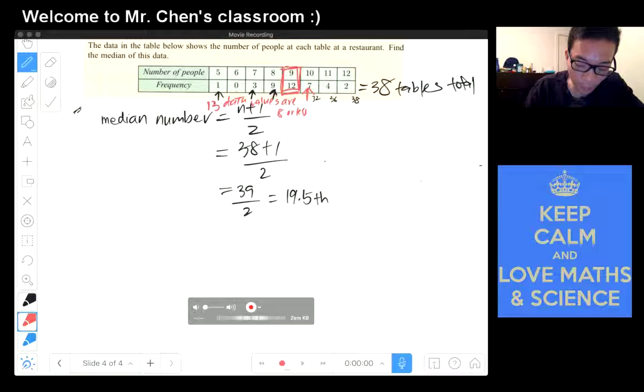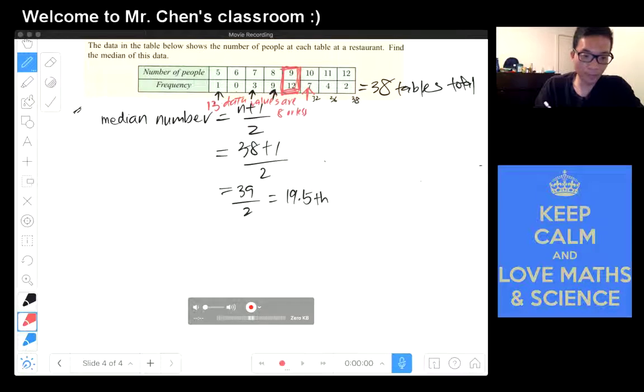So 19.5 means your data is right in this section. That means the 19th and 20th data all have 9 people at the table.